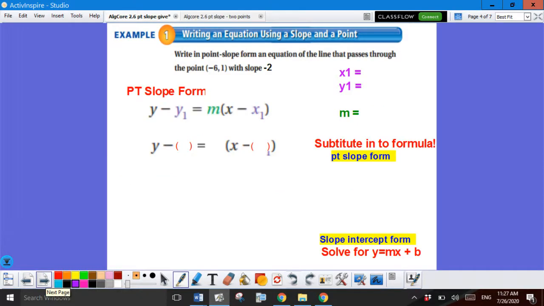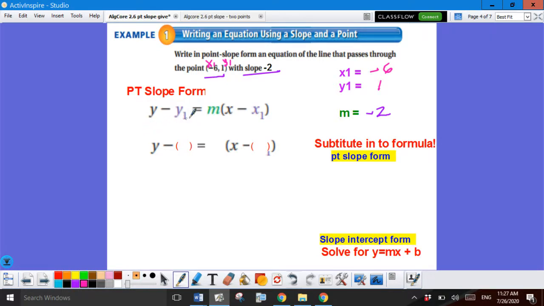So when we do this, we're going to be given a problem with a slope and a point. So we're going to go ahead and label. It tells me my slope is negative 2. So my m is negative 2. My x1, y1, I know this is x1, this is y1, so negative 6, 1. All right? Now here's my formula.